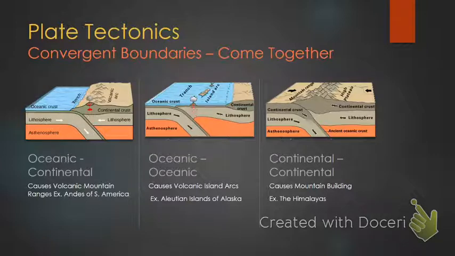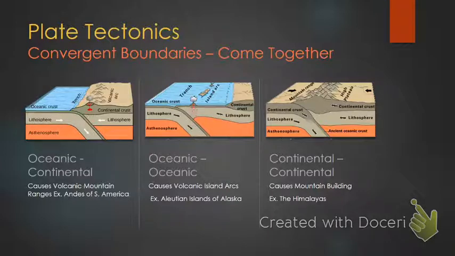It melts, and that molten lava rises up and pushes through the continental crust to form a volcano. In the middle, if two oceanic plates collide, the same thing happens, only the volcano forms in the middle of the ocean, and you get what is known as an island arc.